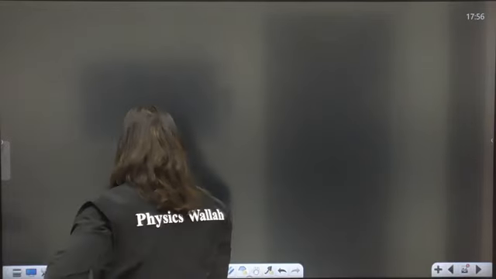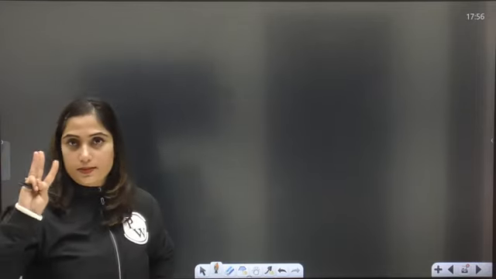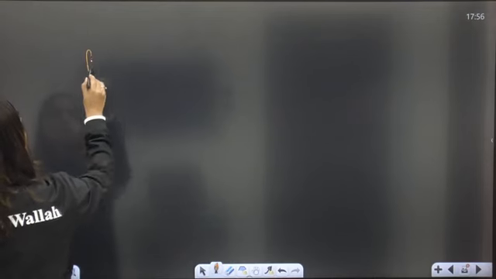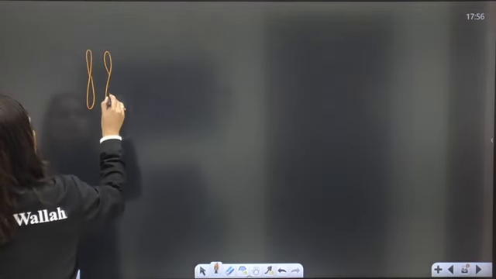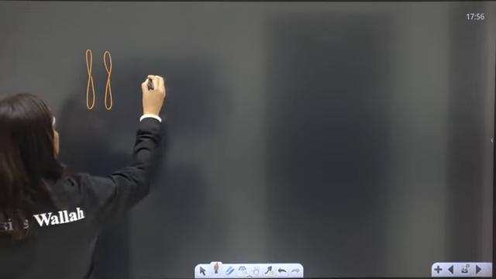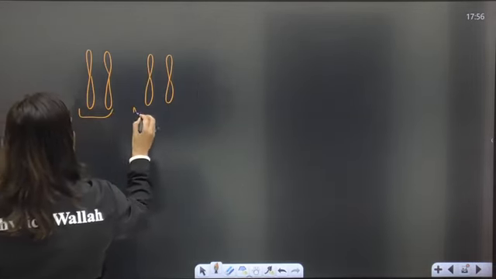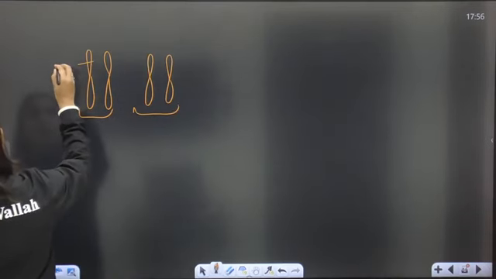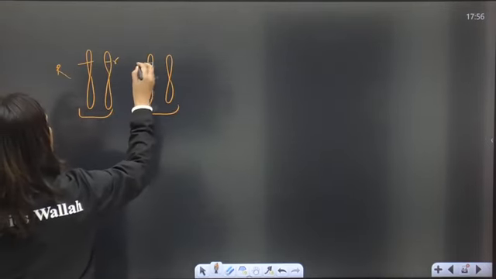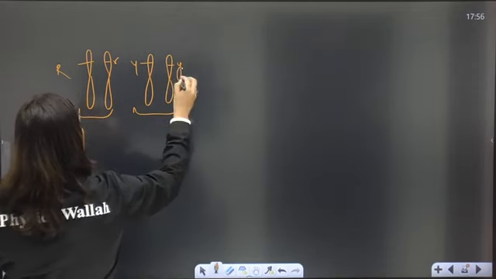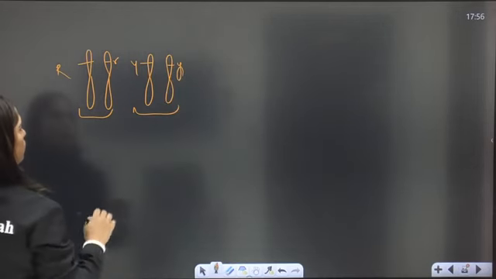To understand that, first of all, let me take some examples. Let me take three cases, okay? I'm taking two genes, and these are present on different chromosomes.